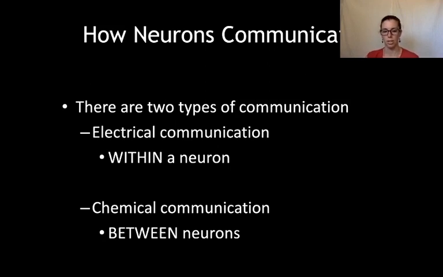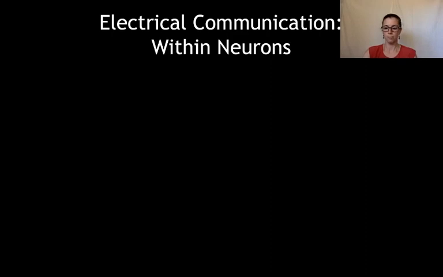Chemical communication is what occurs between neurons. So remember I was talking about the neurochemicals called neurotransmitters. Those are how neurons communicate with another neuron. So between neurons it's chemical, within neurons it's electrical. So let's talk about within neurons first.